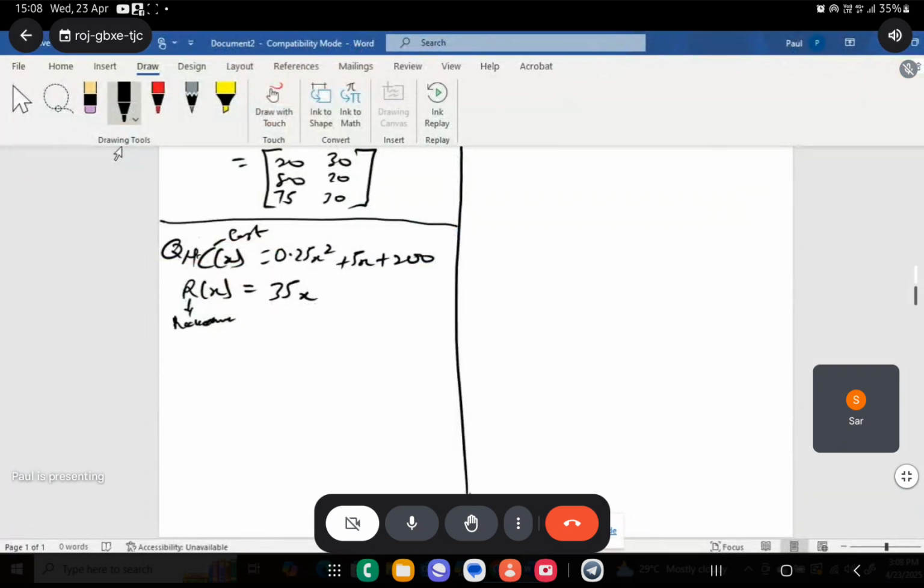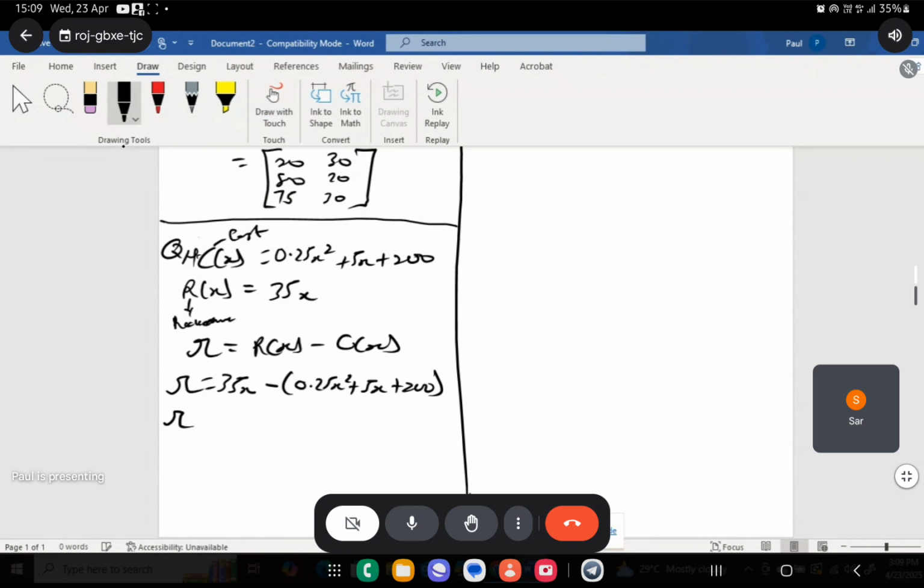Very simple. You know profit. Profit is equal to what? The revenue minus the cost, isn't it? So to get profit, it becomes 35x, that's the revenue, minus the cost. So the negative will affect everything in the bracket.